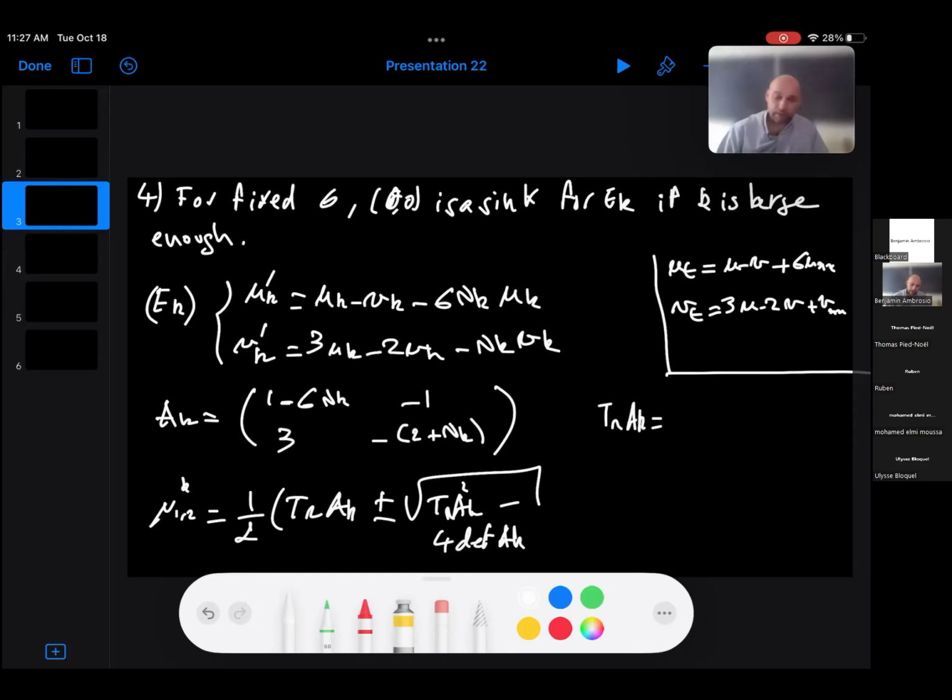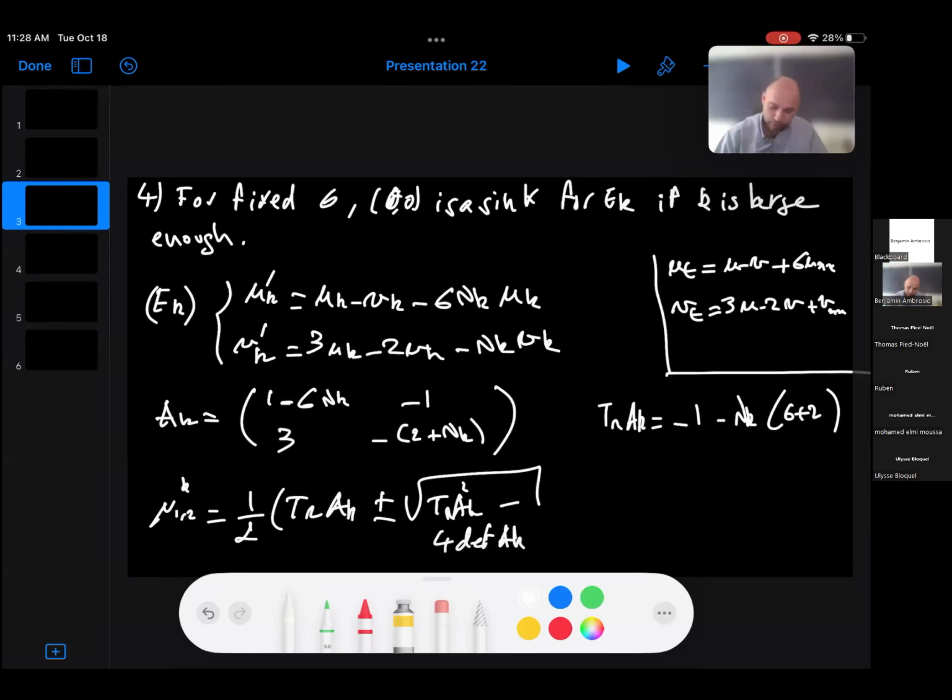The trace of Ak is minus 1 minus lambda k times sigma plus 2. So you can see, what's the sign of the trace of Ak? It's negative. The trace of Ak is always negative.